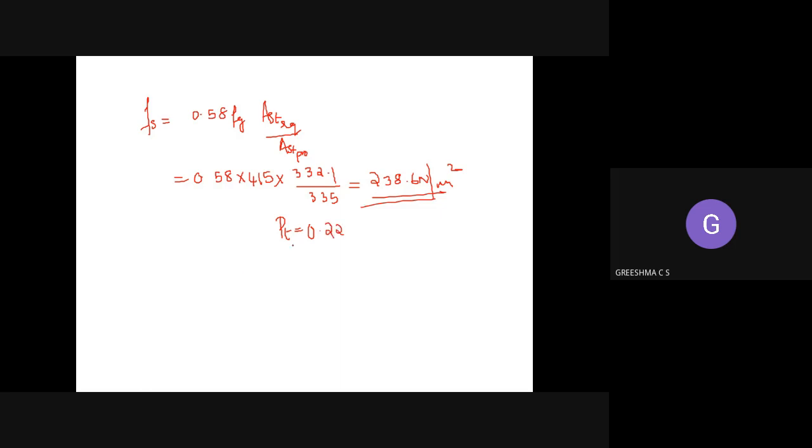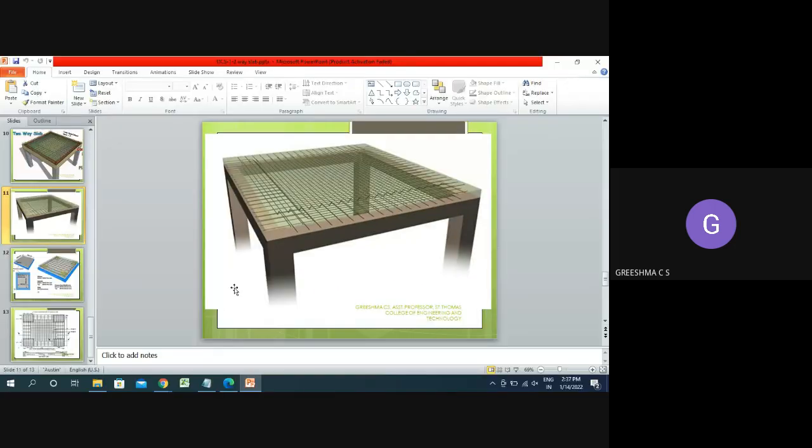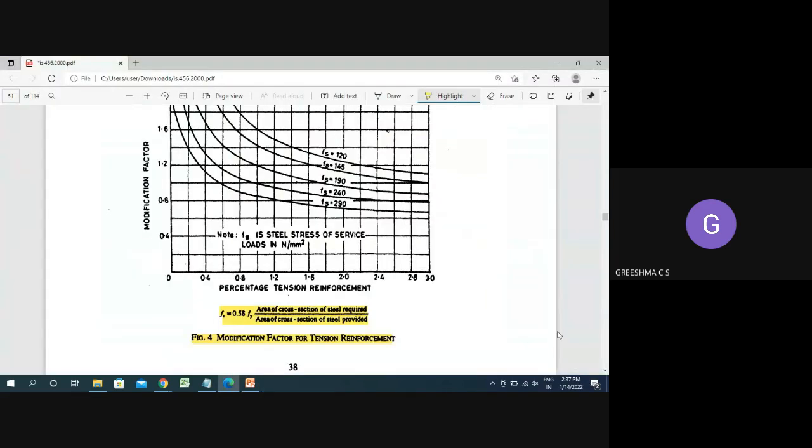Based on these two values, you have to find out the modification factor K from the graph, on page number 38. So tell me how much you will get? 0.22 is here, and the FS value is 238.6, so we can take it as 239.